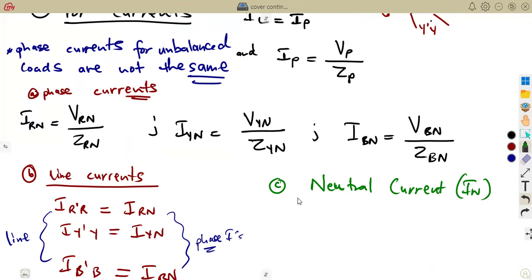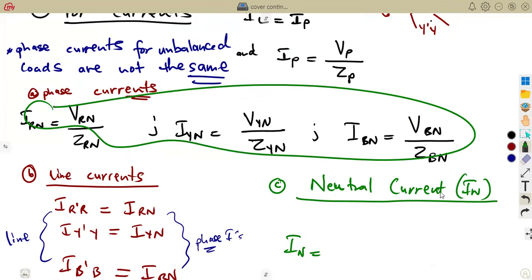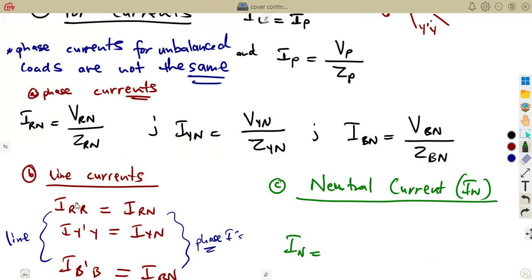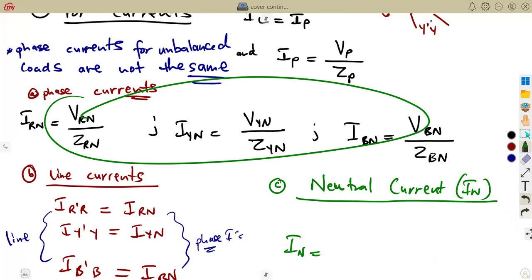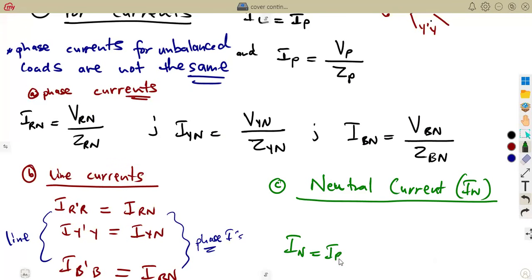So the neutral current is simply the sum of these phase currents that you calculated, or the sum of the line currents, because it's the same thing. So you add all these. First one for the red phase, for the yellow phase, all right? You add for the blue phase.